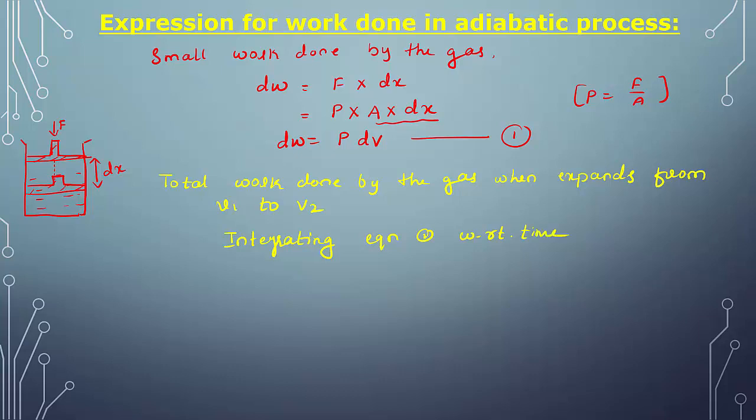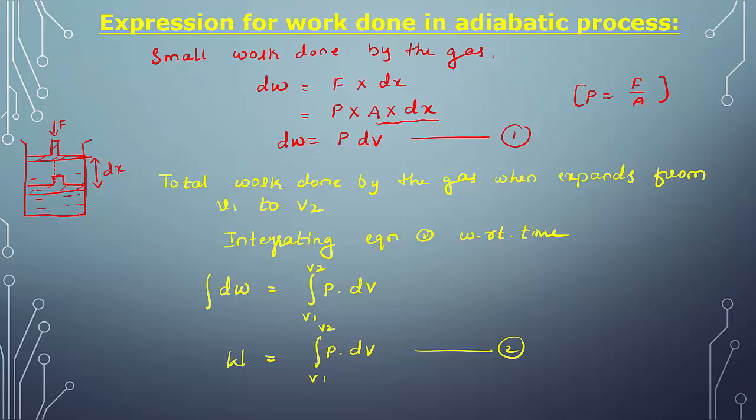So now we can write integration of dW is equal to integration of P into dV from the limit V1 to V2. So when we integrate small work done, we will get total work done W is equal to integration of P into dV from the limit V1 to V2. Let us take it as equation number 2.